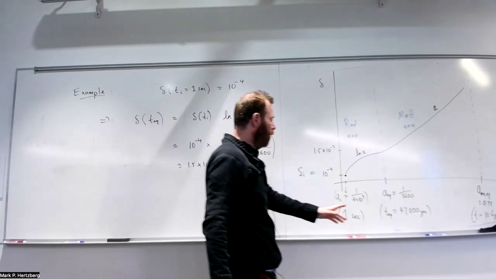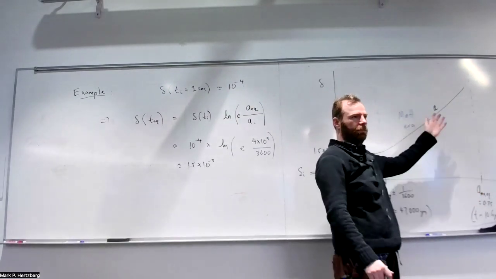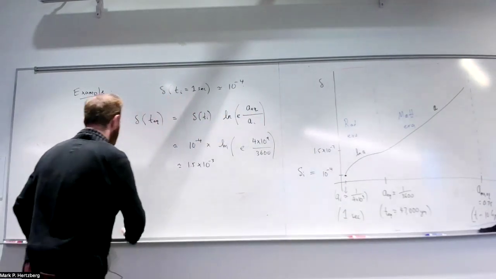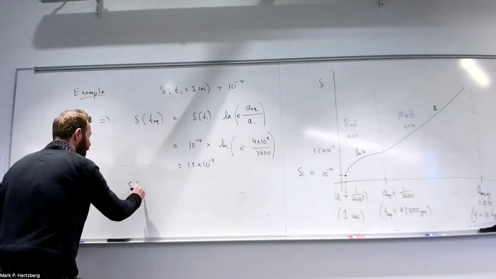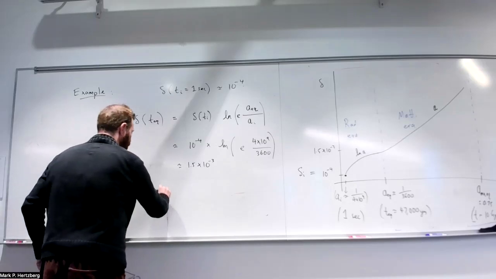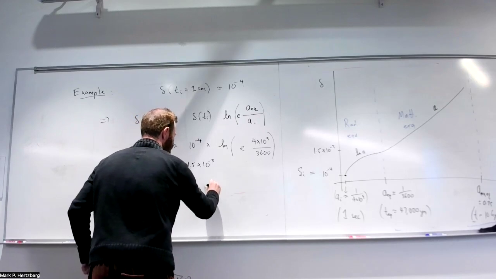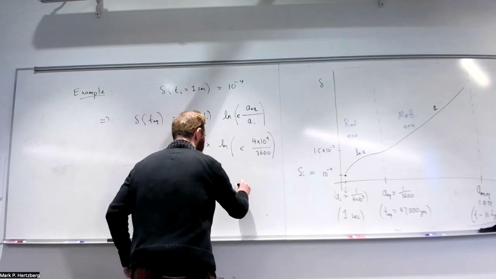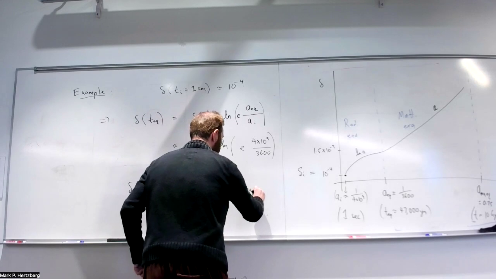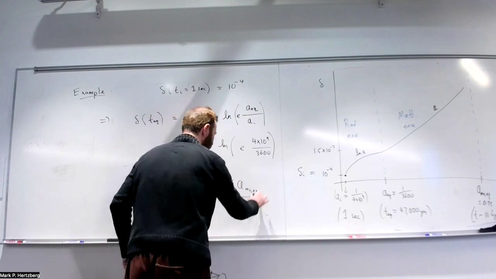Okay, so then the growth from here to here is very simple. You just take the ratio of these scale factors. That's the growth. So delta at T matter vacuum equality is then I just take the previous answer times A at matter vacuum equality over A at matter radiation equality, that we just call A equality.